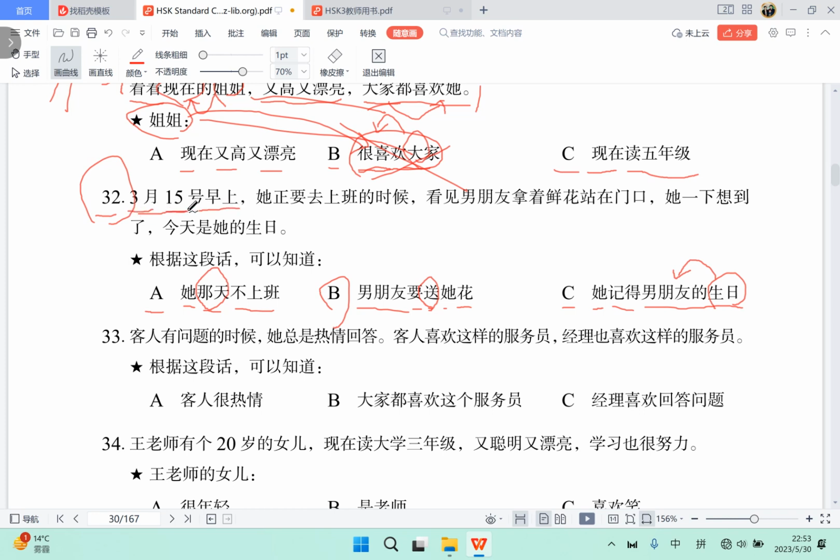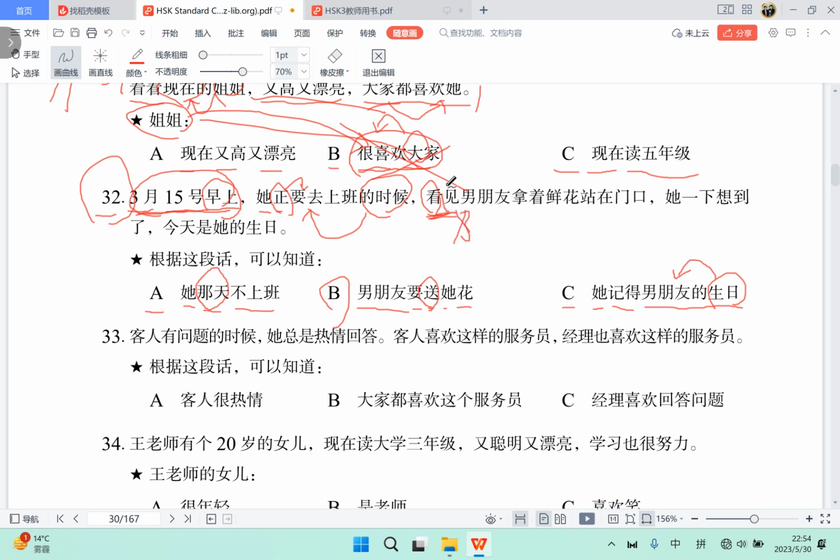3月15号, so the 15th, 早上, in the morning, 她正要去上班的时候, so when she was going to work, the action just about to happen, 看见, so she saw. This is the difference between 看 and 看见: 看 is to look, to watch, but 看见 is to see. Here it is past tense, but because we already know it happened in the past, we didn't use le here.